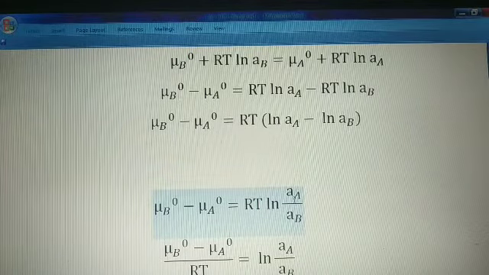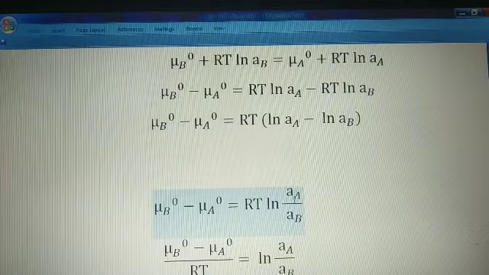This means the logarithm of the ratio of the activities will be equal to a constant. Activities are concentrations. So it is C1 divided by C2, or concentration in phase A divided by concentration in phase B, equal to a constant. That is the Nernst distribution law. This is the derivation of the Nernst distribution law based upon chemical potentials.